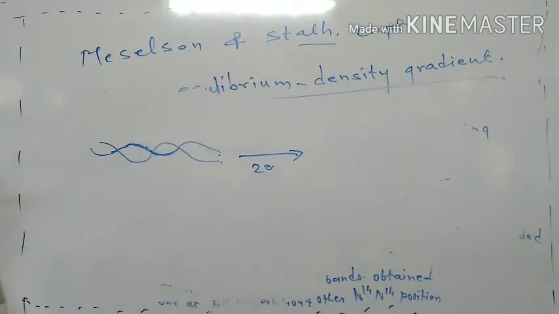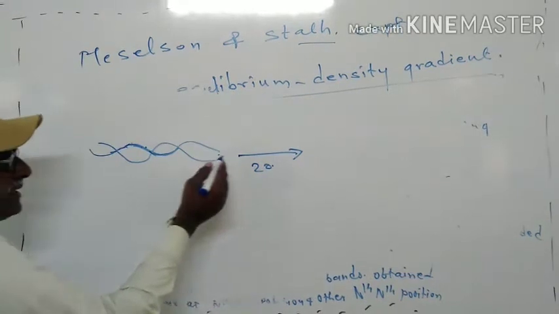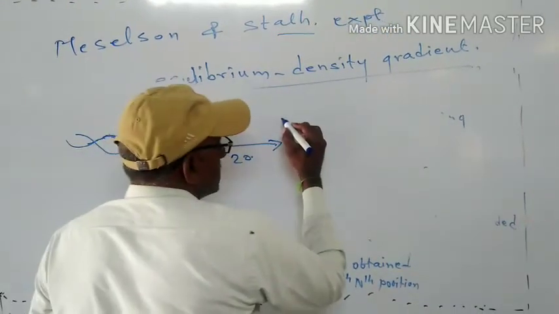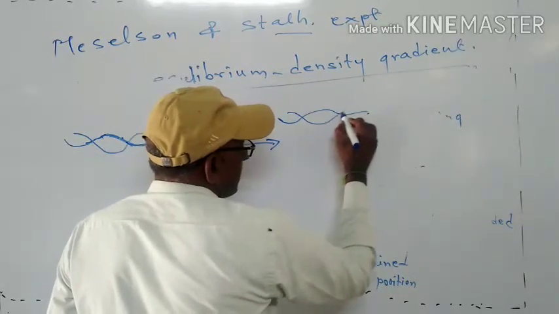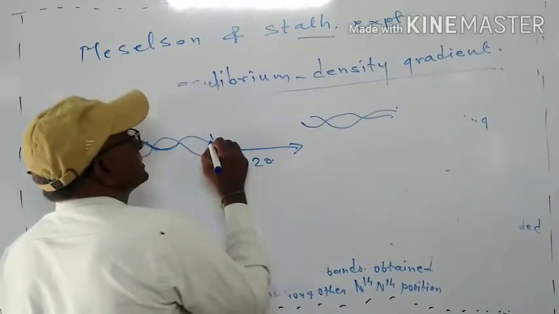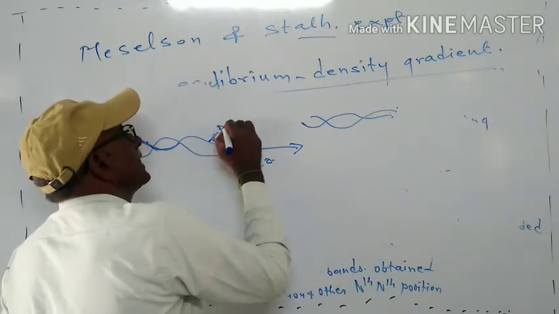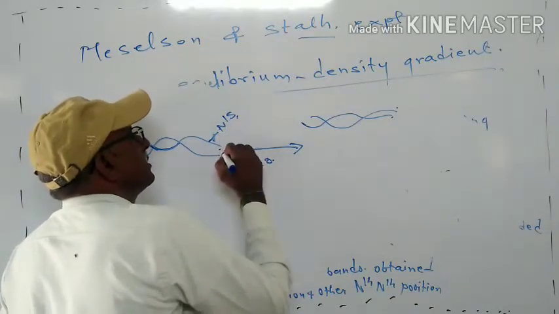N14 medium. Then after transferring this, what do we get? Two DNA strands where replication occurred, and after replication, both strands are of N15.